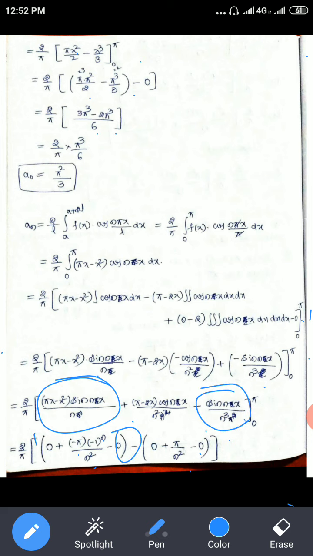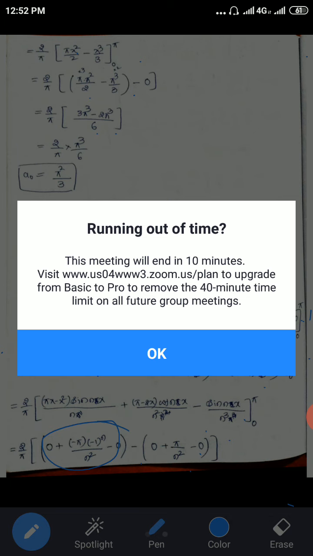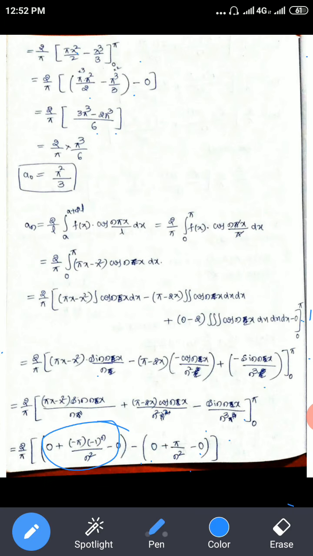Next, the upper integral minus the lower integral: sine of 0 is 0, cos of 0 is 1, so pi minus 0, again pi divided by n square, minus sine of 0 is 0, so this is 0.